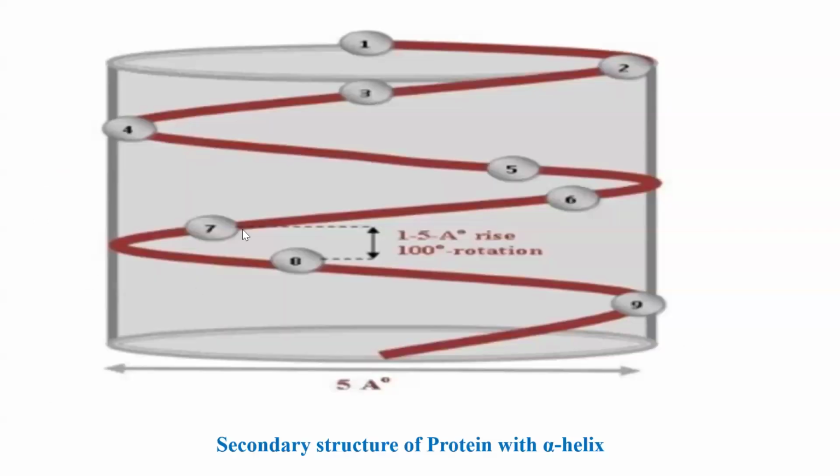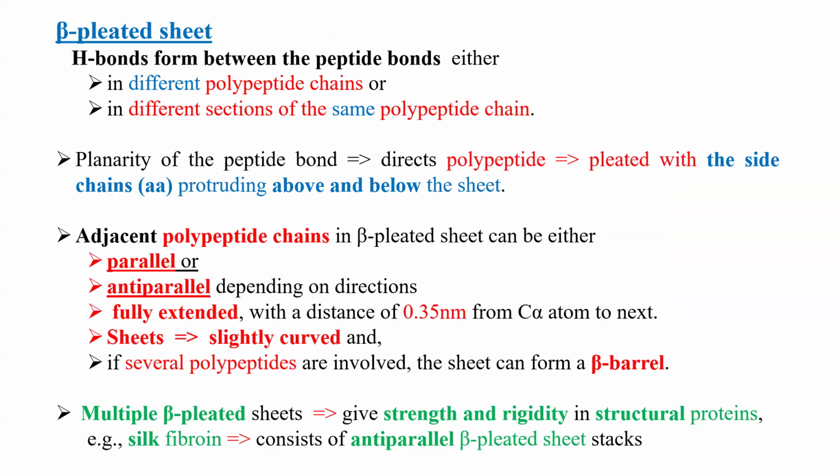This is also another example; it's actually the same diagram. This is how the alpha helix in the secondary structure of proteins looks.